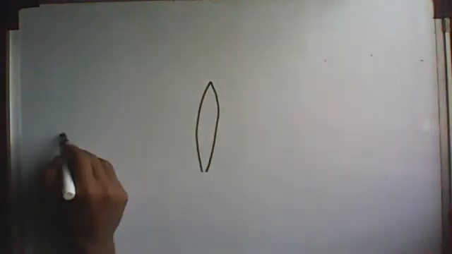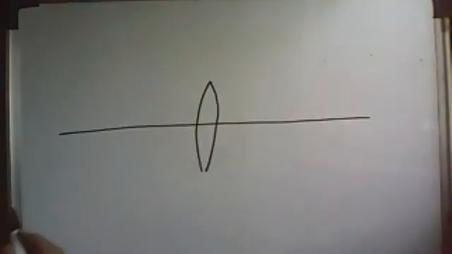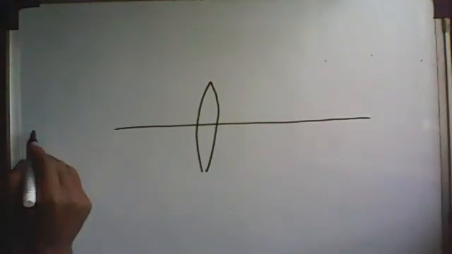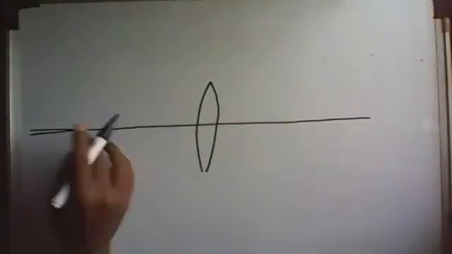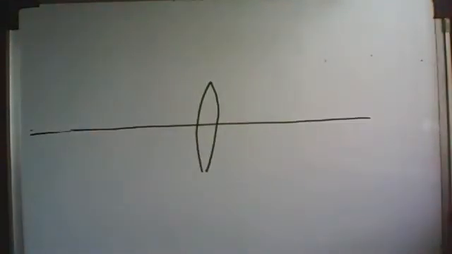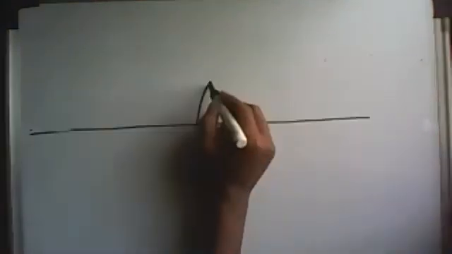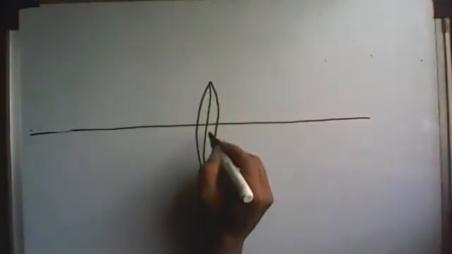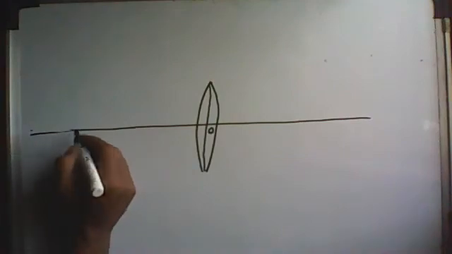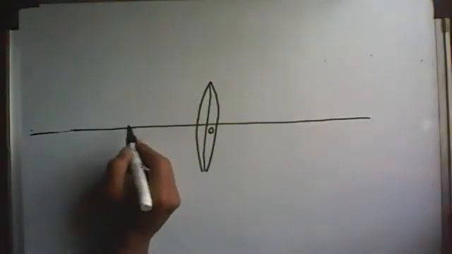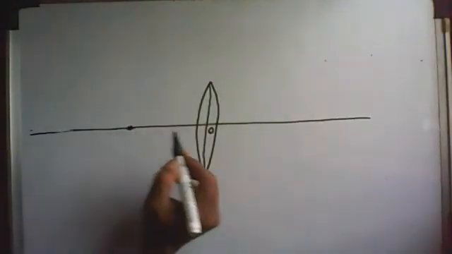So we'll start again with the converging lens, the biconvex lens, and let's keep a focal length.